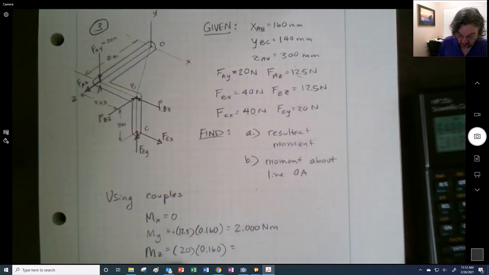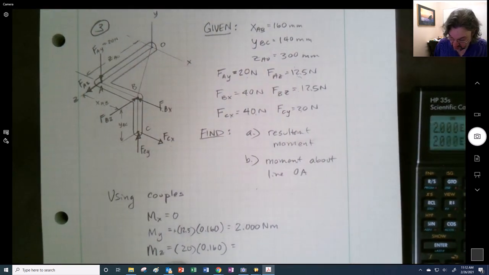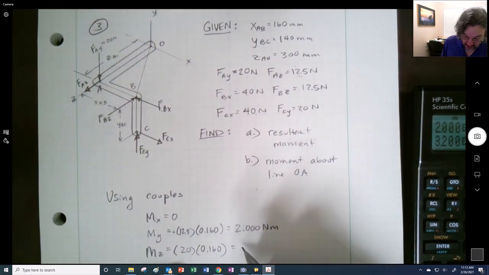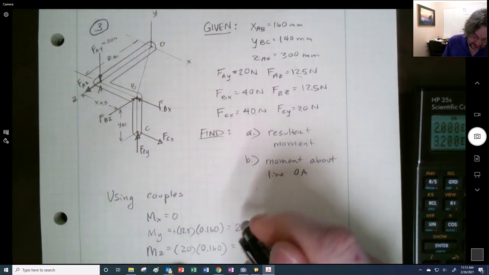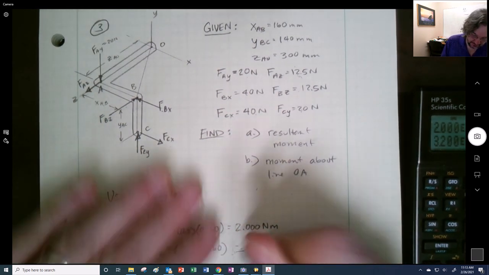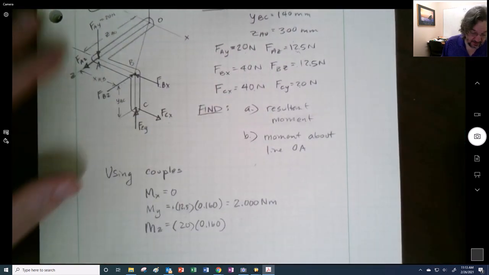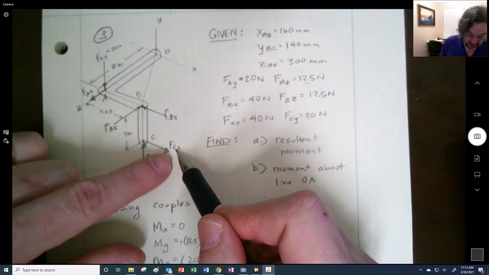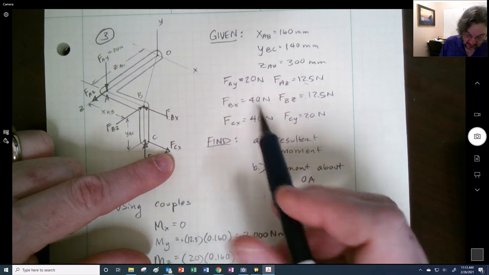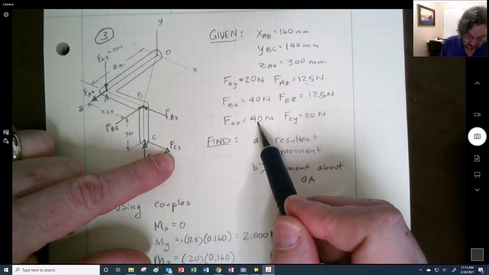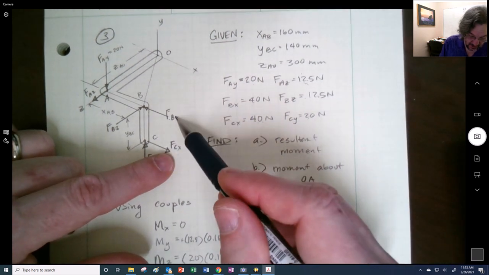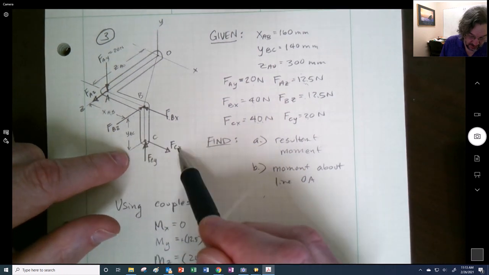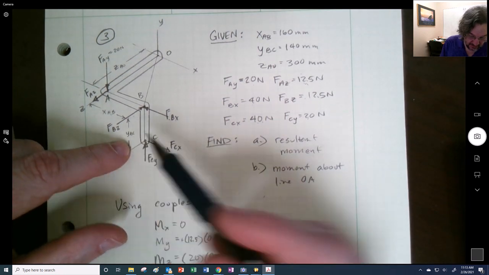20 and 0.16, which you should be able to do in your head. Whoop, I'm not done. Sorry. That's part of it. Now the other one. The next one is going to be the CX, the one in the X direction. And that couple between there is going to be the CX times the one right here.